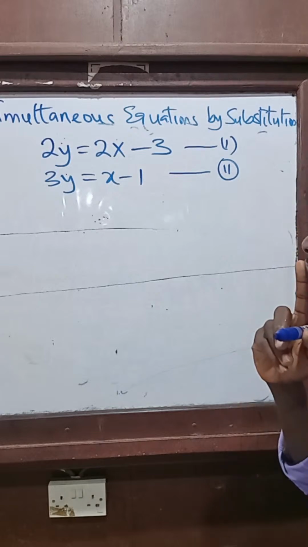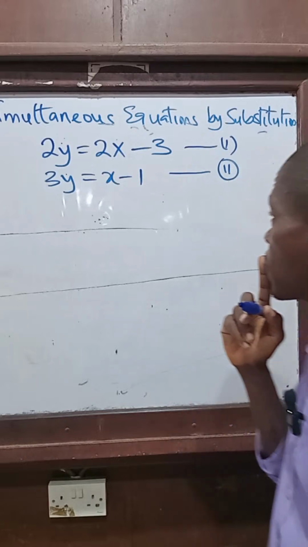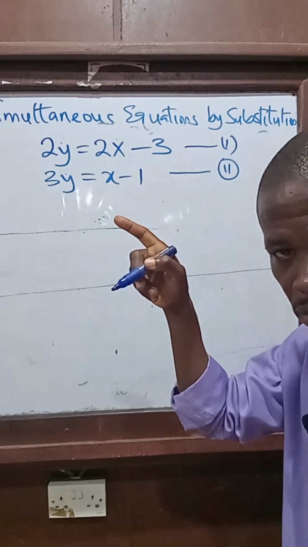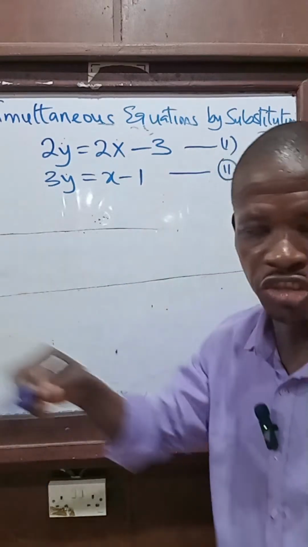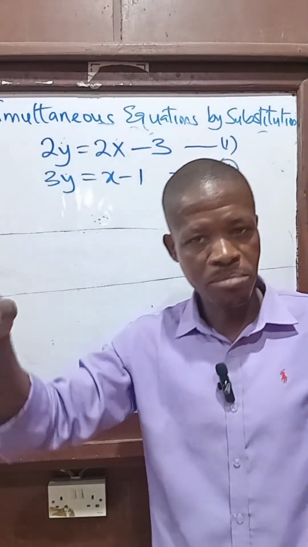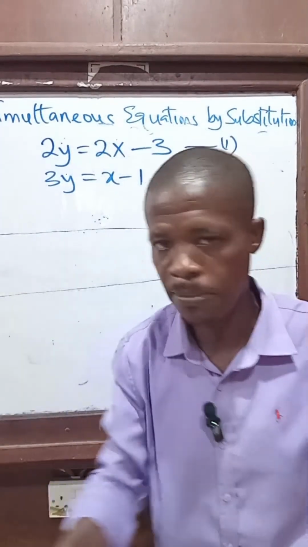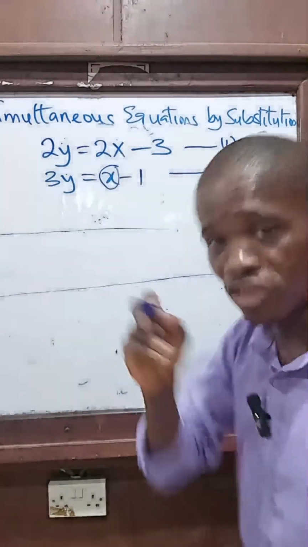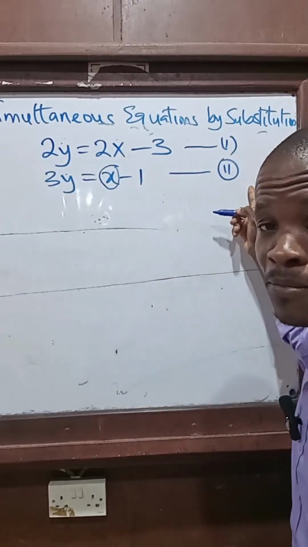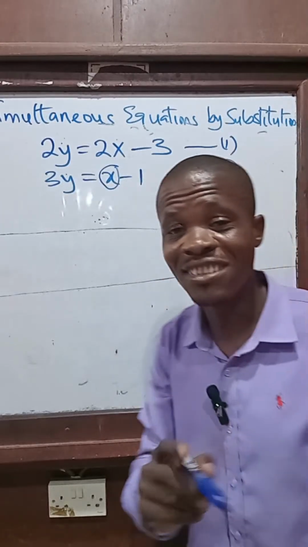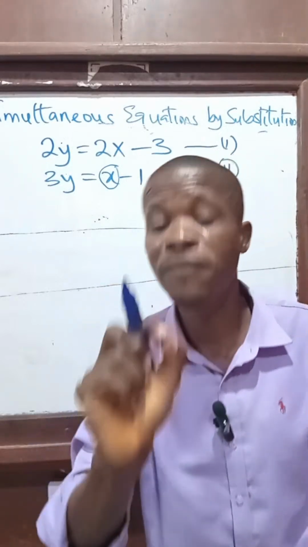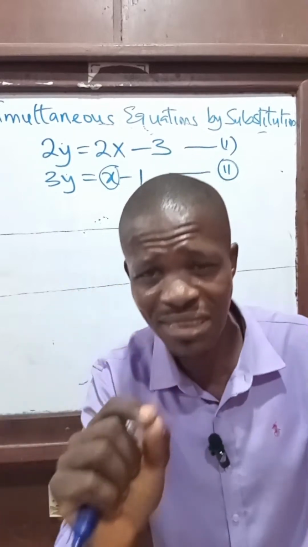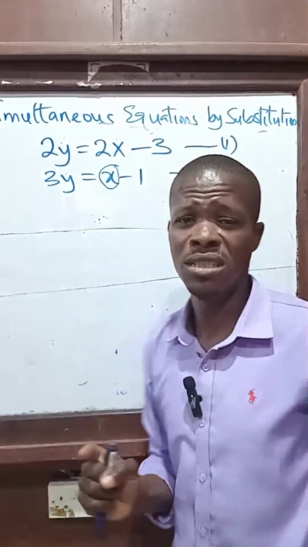What we are going to do, since it's a substitution, we are going to look for any of the variables and make it a subject of formula. So it will be much easier to make the x here the subject in the second equation. I've said earlier on that you should look for a variable that has the coefficient as 1.